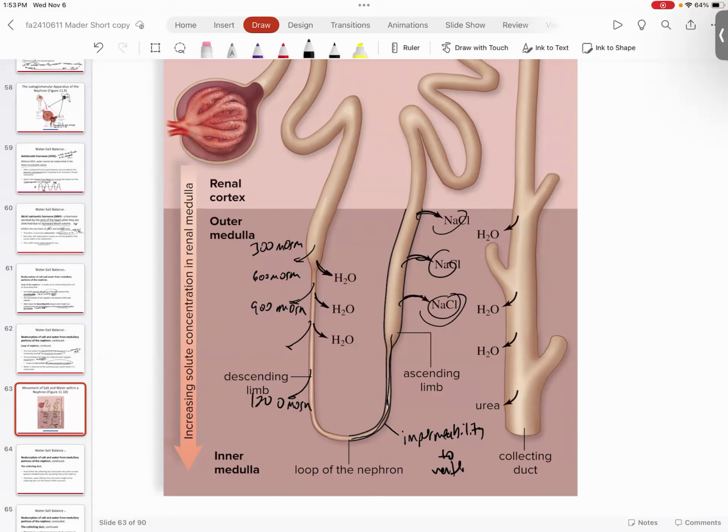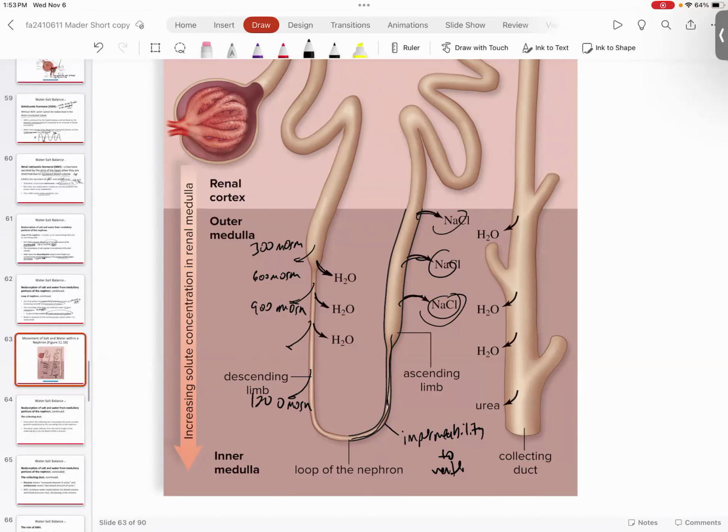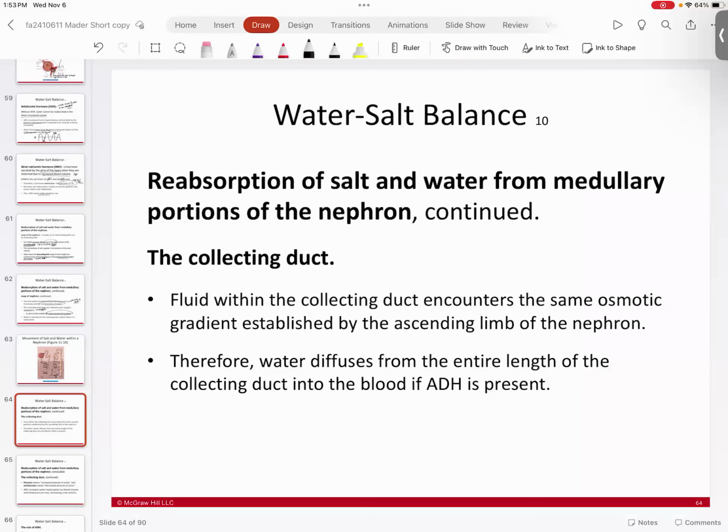So this is a major area of water retention in the body. By the way, in the collecting duct, it's happening the same way. The same salt concentration gradient is sucking water out of the collecting duct. So it's coming out in a couple of different areas as well. In the collecting duct, you get the same osmotic gradient as the descending limb. This was created by the ascending limb.